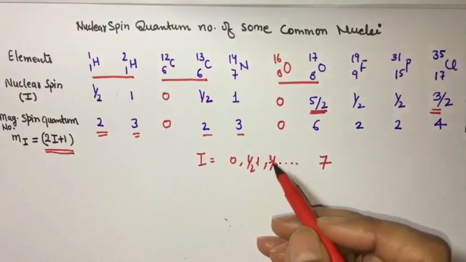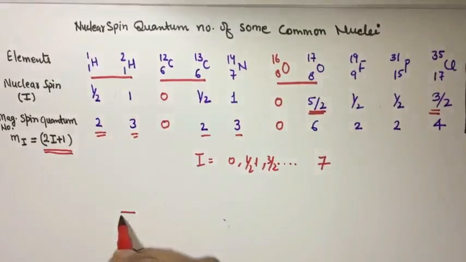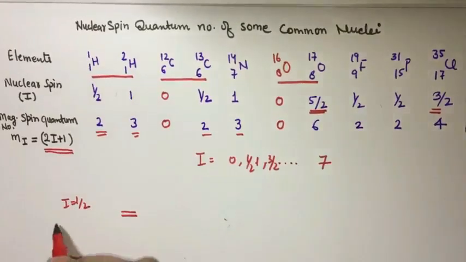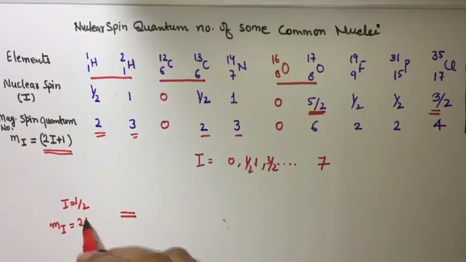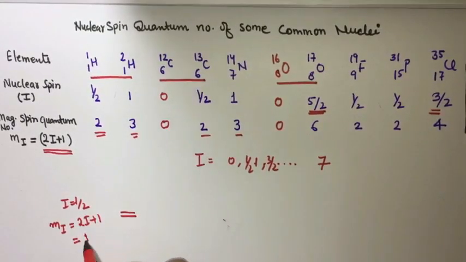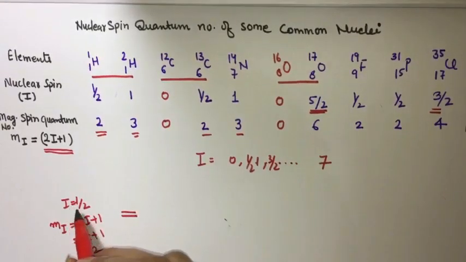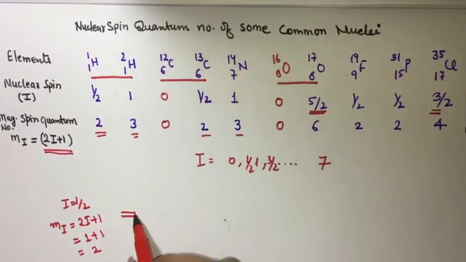This can be understood in this way: the nucleus having I equal to 1 by 2 can have MI values equal to 2I plus 1. According to this, you will have 1 plus 1, that is 2. So, the spin multiplicity for the nucleus having I equal to 1 by 2 is 2.